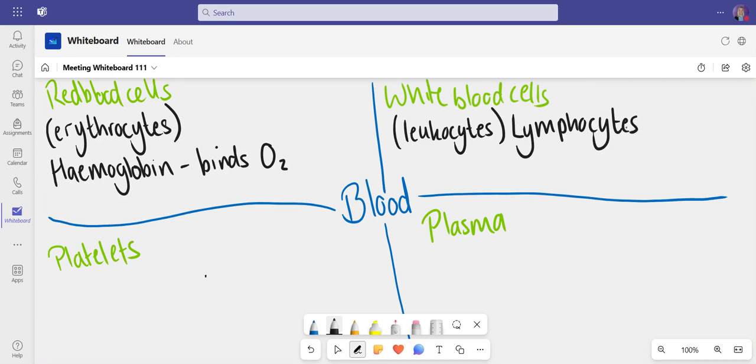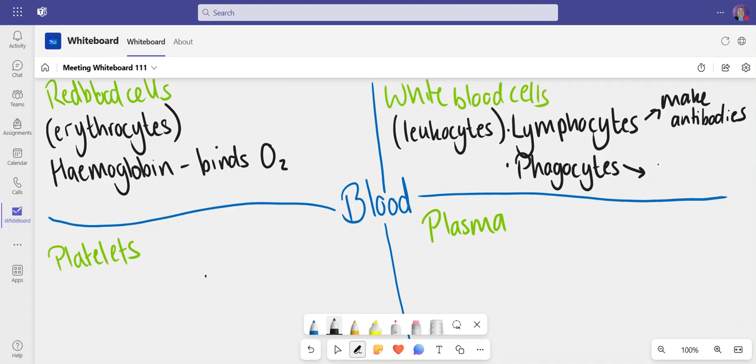And lymphocytes are the type of white blood cell that make antibodies. And then we've got another type called phagocytes. And the phagocytes are the type that engulf things like bacteria.